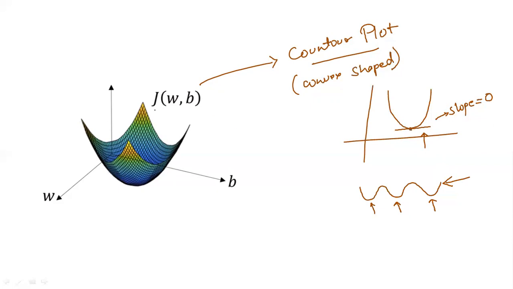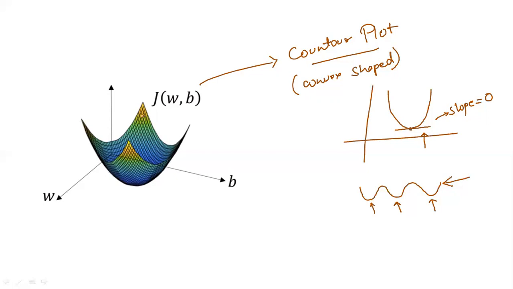As I have already told you, this plot is called the contour plot, and you can achieve the minima using it like this. Suppose you take a training example and find that the value of the cost function, using the values of W and B, came out to be here. You know this is obviously not the minima, and you want to find the global minima.